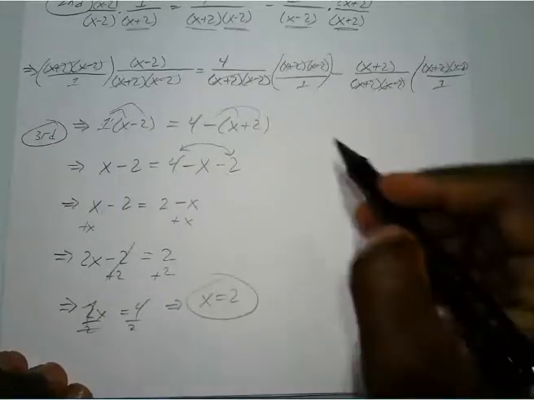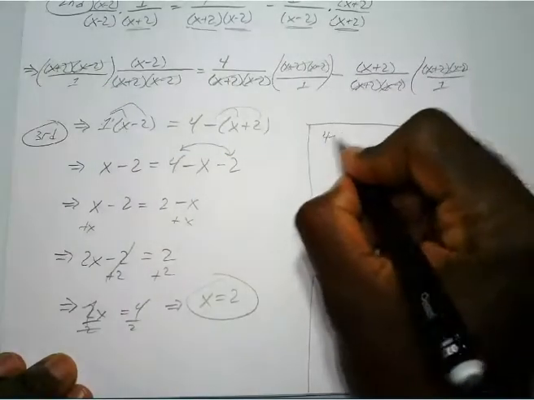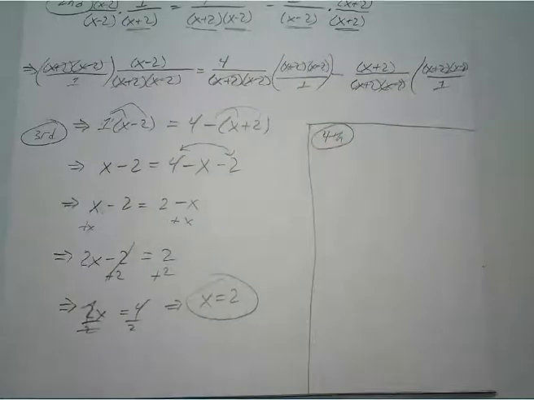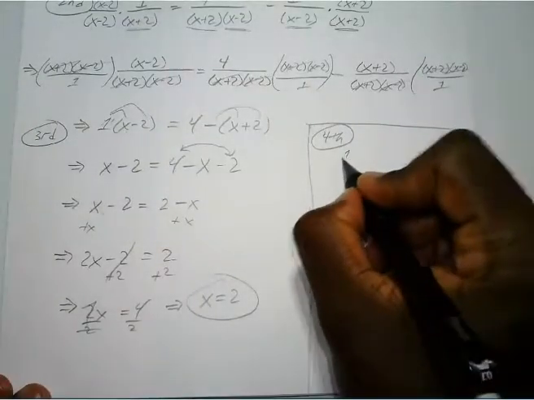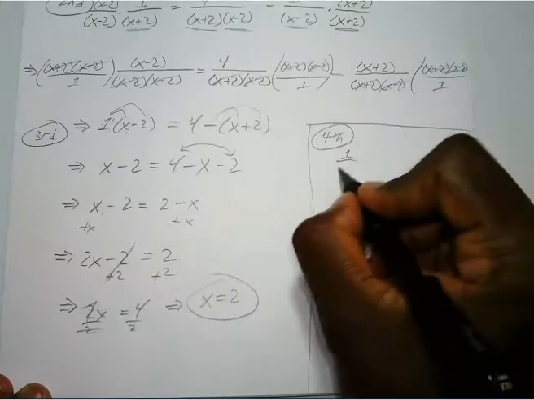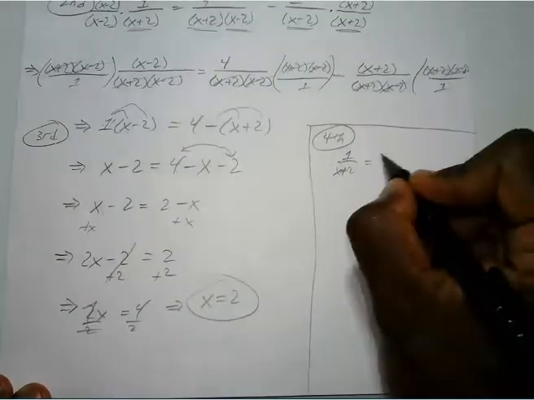Now remember, we still have our fourth step. So if we have our fourth step, we know that 1 over x plus 2 equals 4.